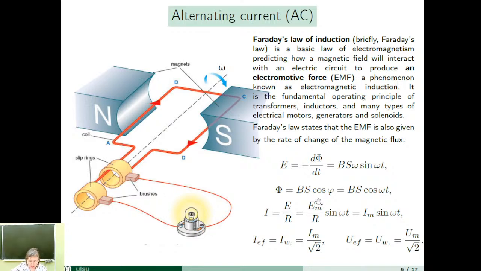Phi is an angle of rotation of the contour, counted from its initial position when S is perpendicular to B.